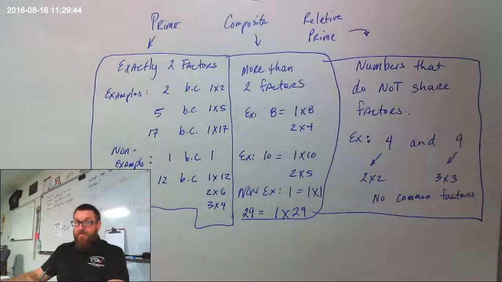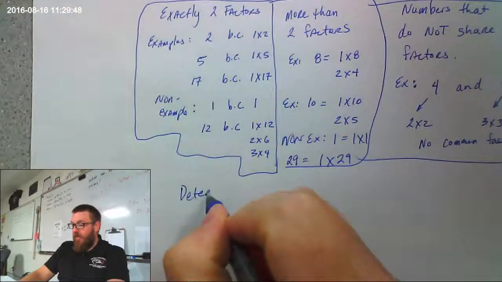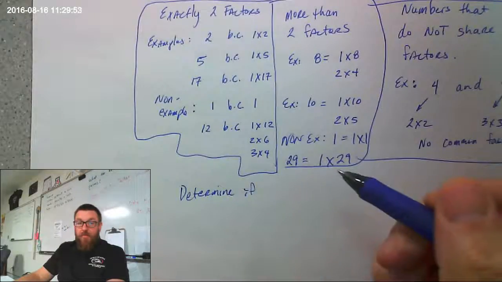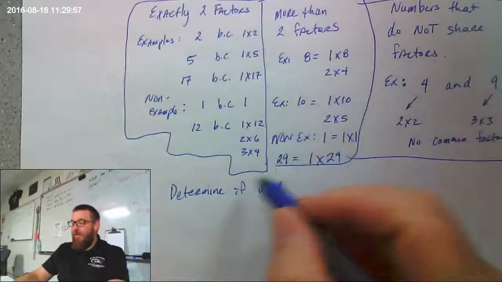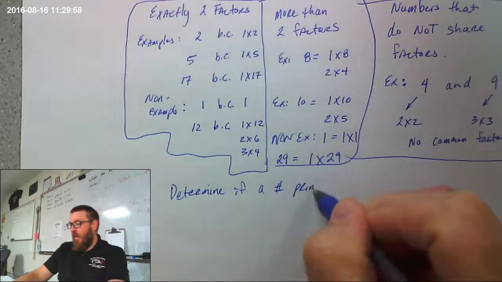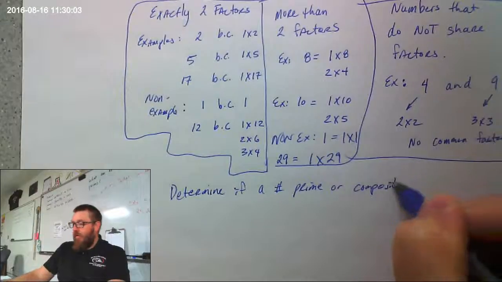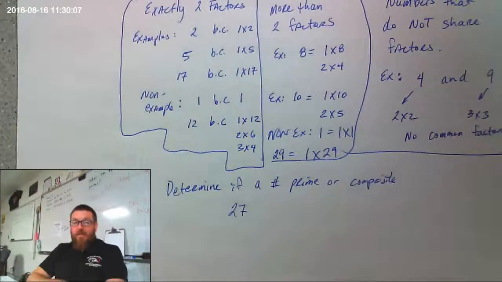Now, let's talk about how you could determine if a number is prime or composite. So let's say 27.